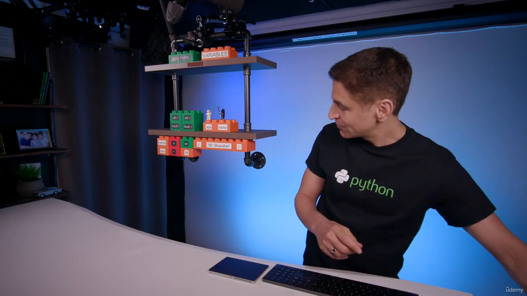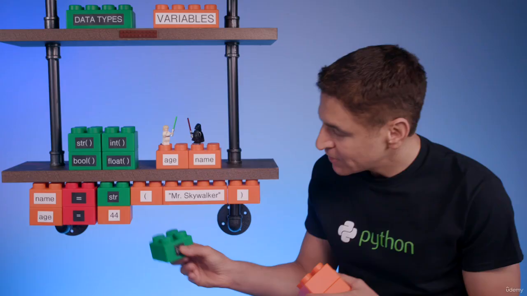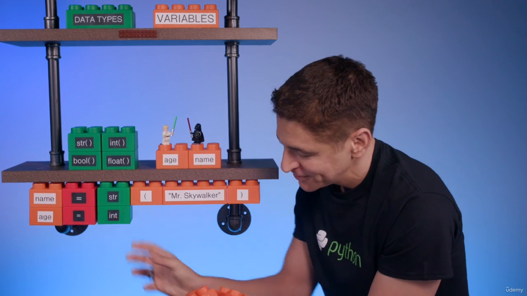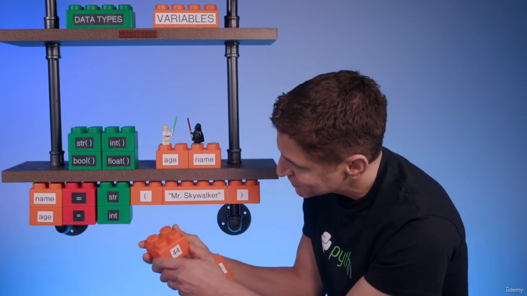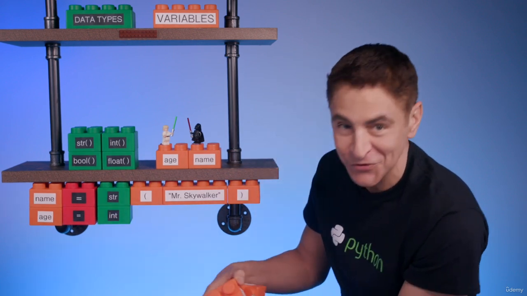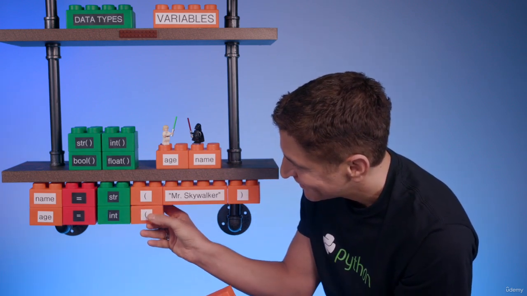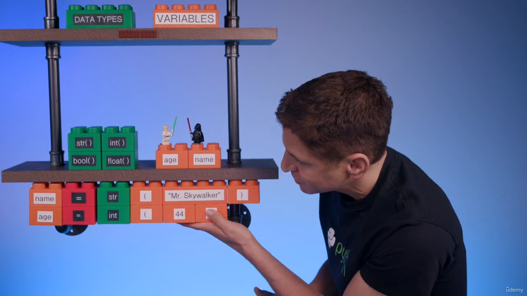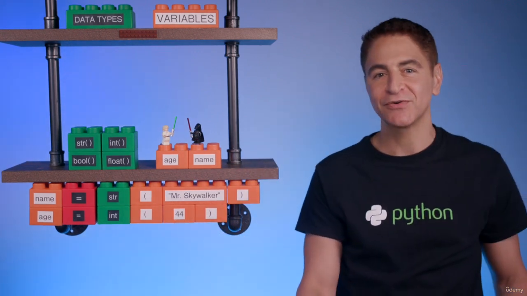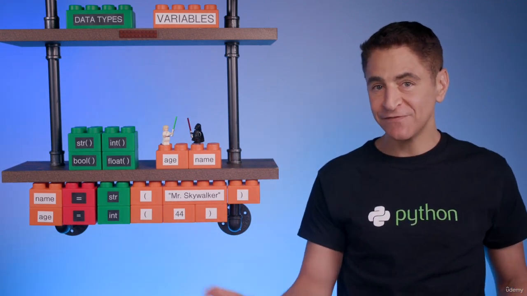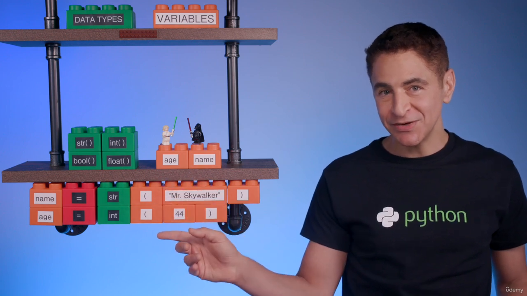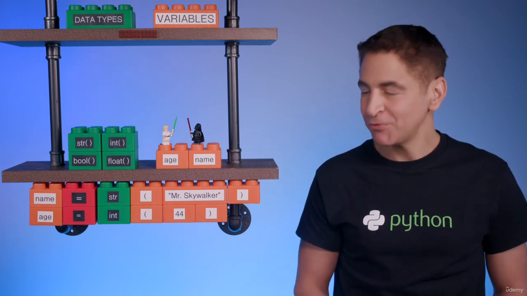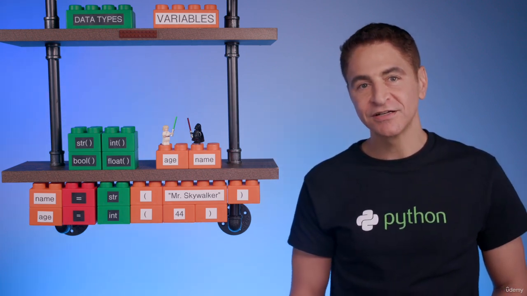So I will go here equals integer, in brackets first, of course, 44. And then we close the brackets right here. Okay, great. And similar to how we defined a string up here for name, we define integer here for age. And notice how we did not need to put quotes around the 44 here.